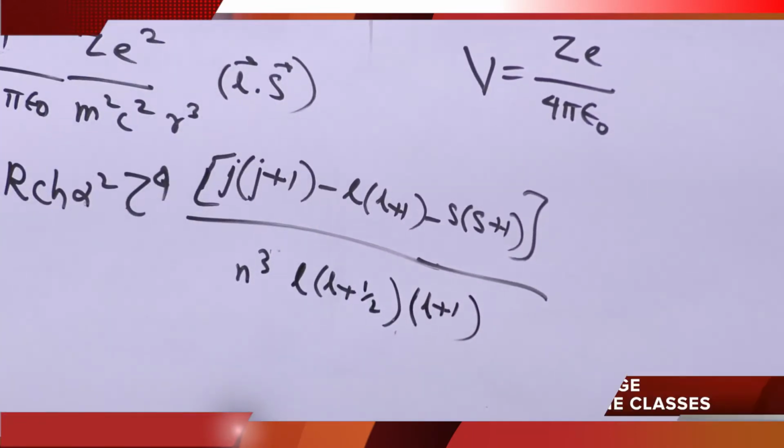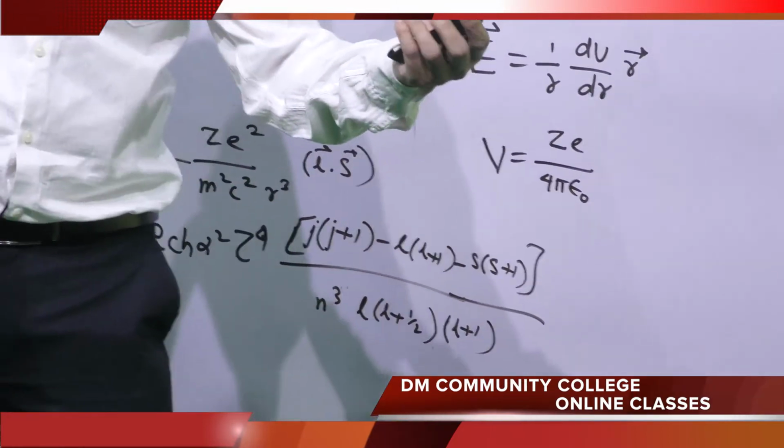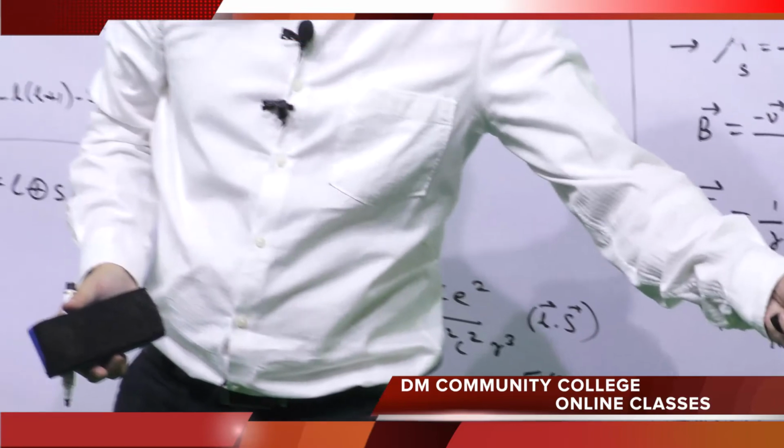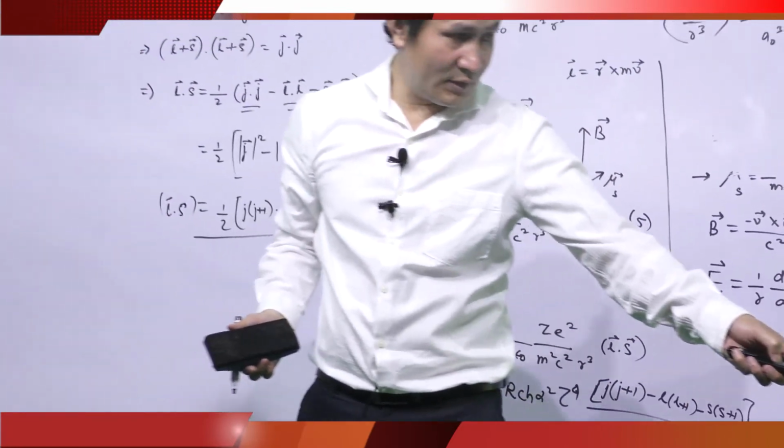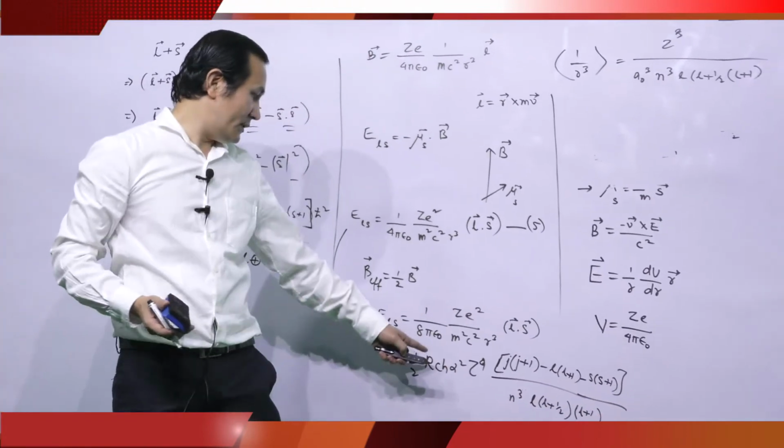So this is the thing, where this R is the Rydberg constant that I have given here, this red one, and alpha is your fine structure constant.